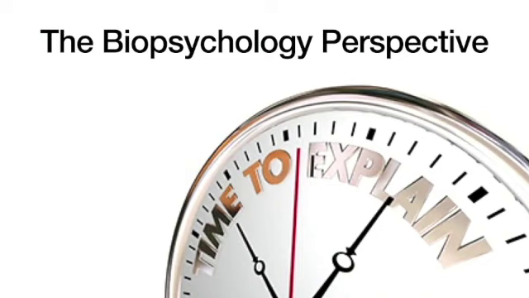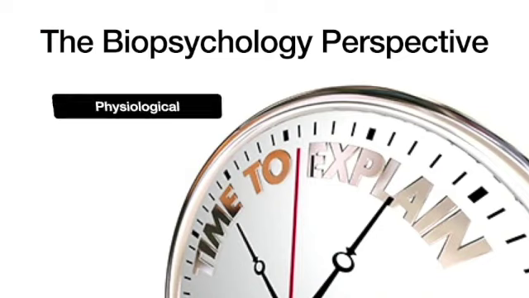When we are taking the biopsychology perspective, the first one we can do is look at things physiologically. This is the machine of the body and the brain. This is the chemistry. This is the actual physical structures of the brain. This is the physical structure of the nervous system.